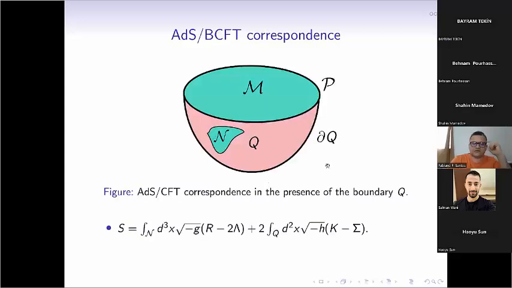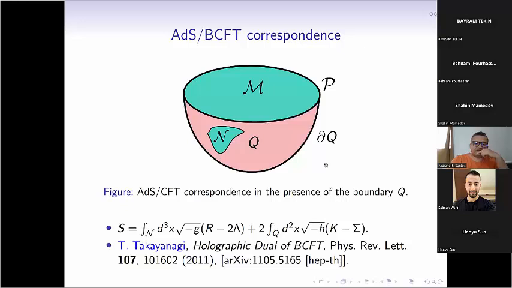For this, I consider the new extension of the AdS/CFT known as AdS/BCFT, where the B is for boundary. This proposal was made by Takayanagi in 2011, where the idea is that we have Einstein gravity and a boundary term, and this boundary term is described by this action.